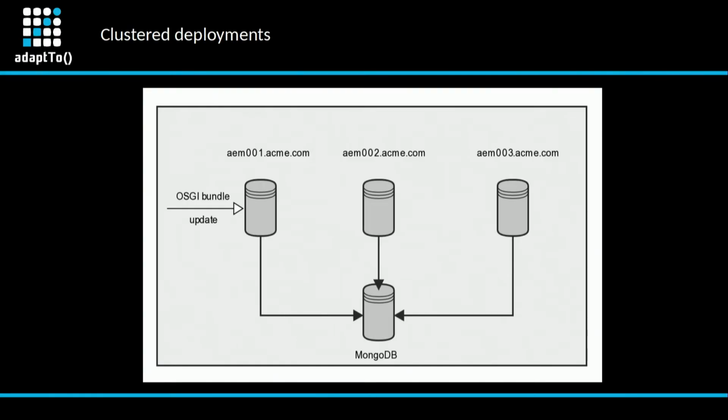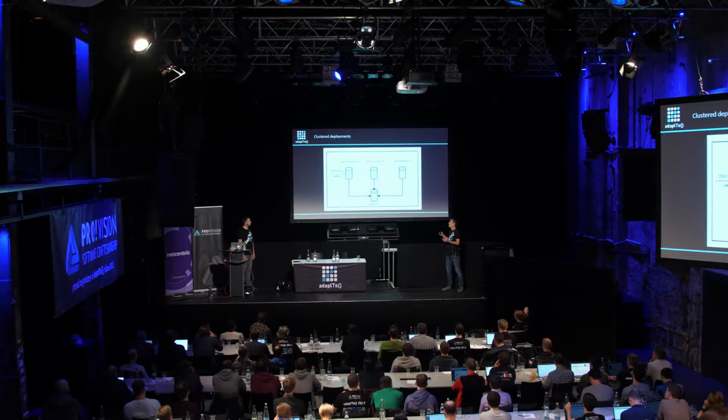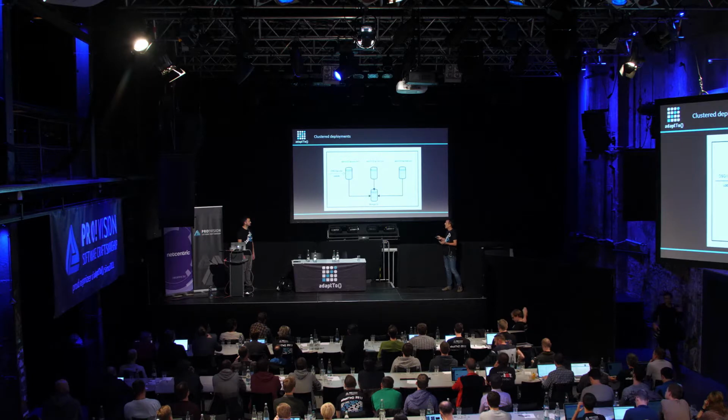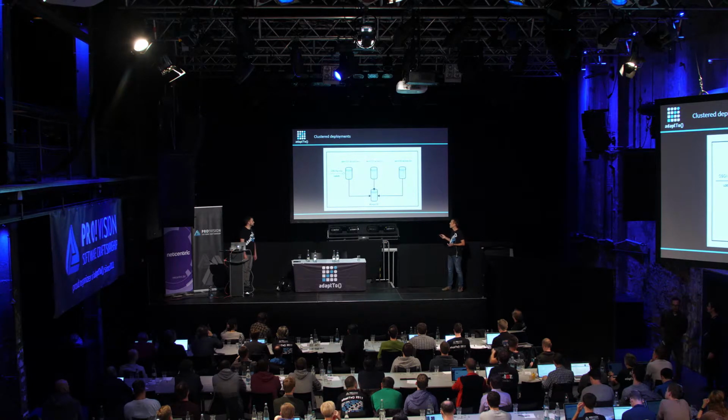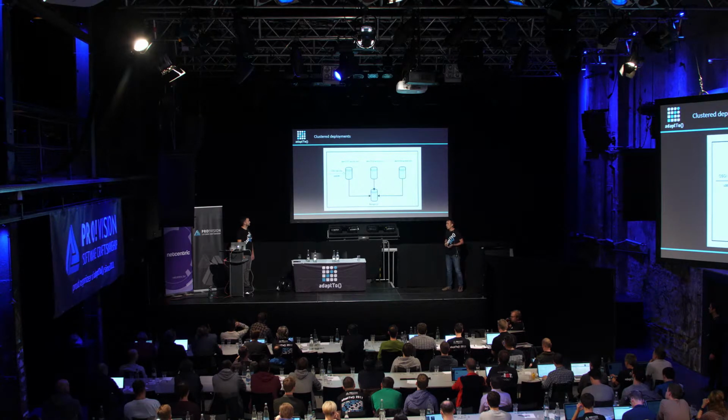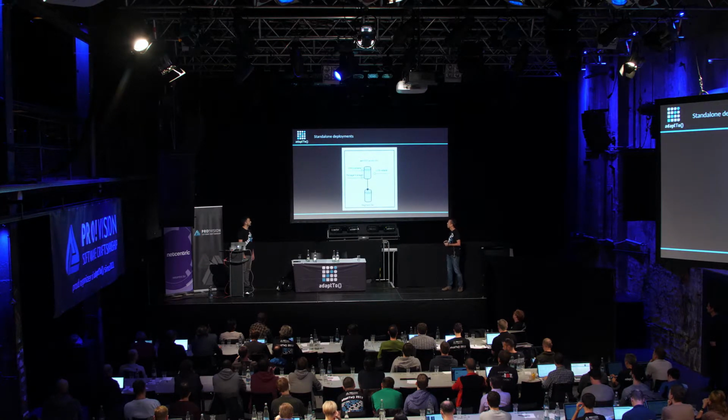And then not only will this instance start updating its code, but all the others, which is not what you would expect from a controlled rollout of a code change. So we don't really have a very good solution for doing updates in this scenario, except using maintenance windows, which is something that all of us would like to avoid. So cluster deployments, not so easy to do rolling deployments.